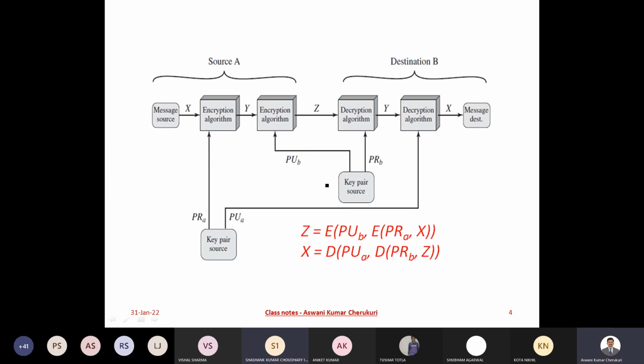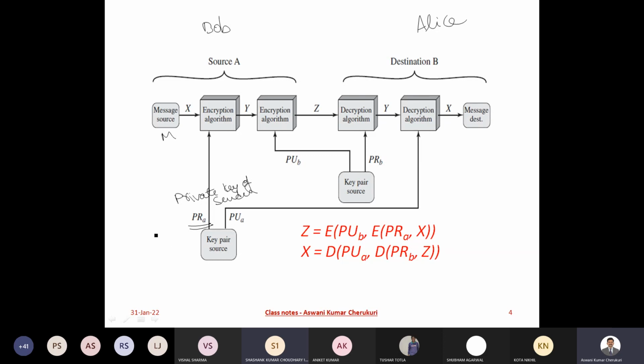So if you notice, this is the source. You can think of it as Bob, and this is Alice. Now what Bob has done is take the message and submit it to the encryption algorithm with the private key of the source, that means the private key of Bob, the private key of the sender.